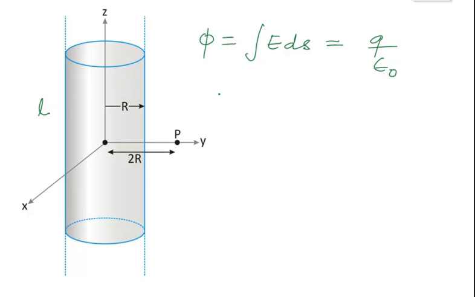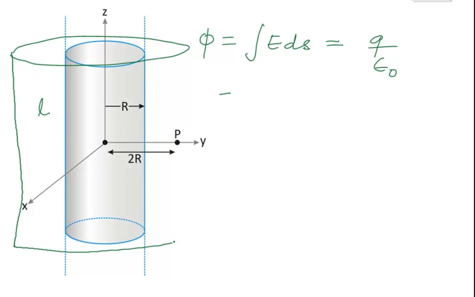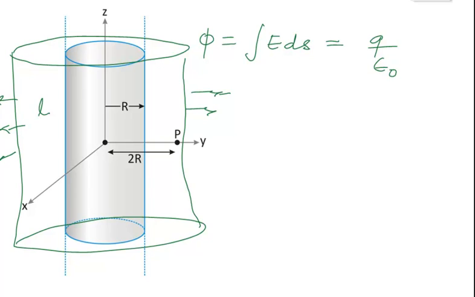So we have to consider a Gaussian cylindrical surface passing through point P of radius 2r, and the electric field will be leaving normally from the surface of this Gaussian surface. By symmetry we know that the value of E will be the same, so we can take E as constant, which will come out.